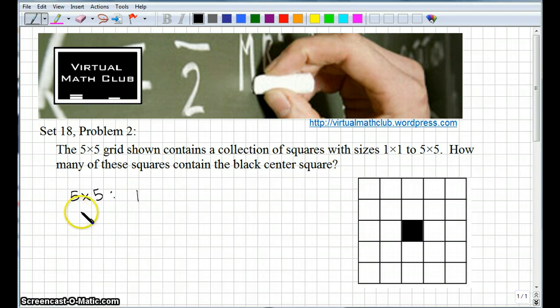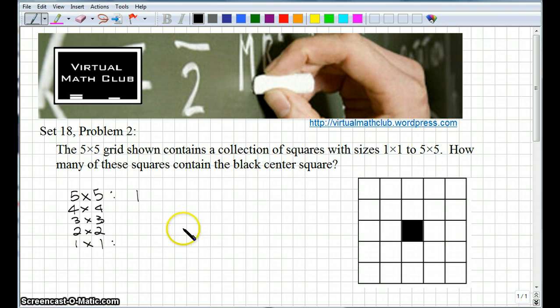Then we can go through each one. There's some 4 by 4 squares, some 3 by 3s, some 2 by 2s, and some 1 by 1 squares. Okay?